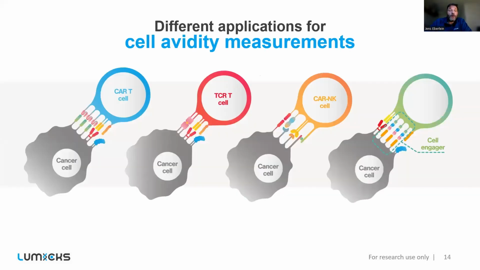So now let's move on and look at some practical examples of how our assay has been used. And again, as I mentioned, we can not only look at cells, but also at TCR transgenic cell lines, CAR NKs, cell engagers, and many more.